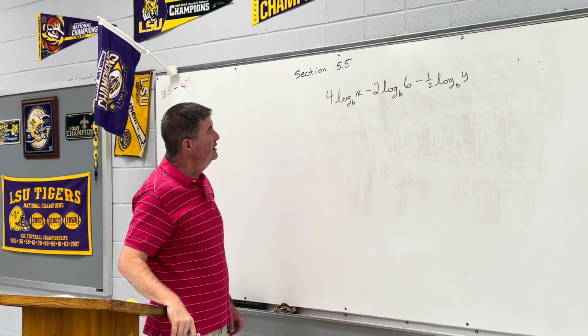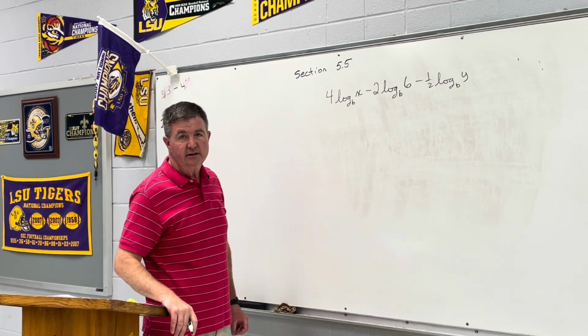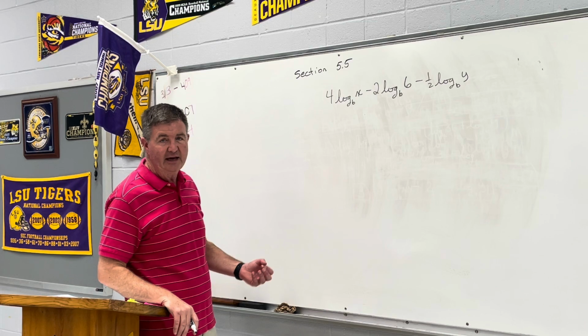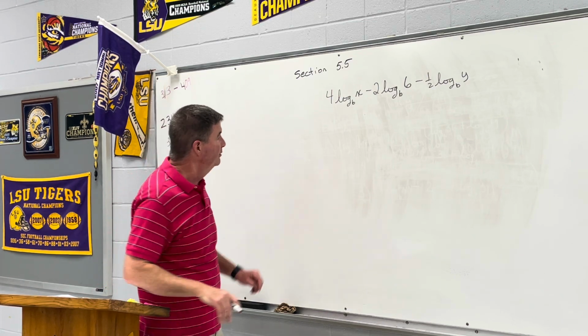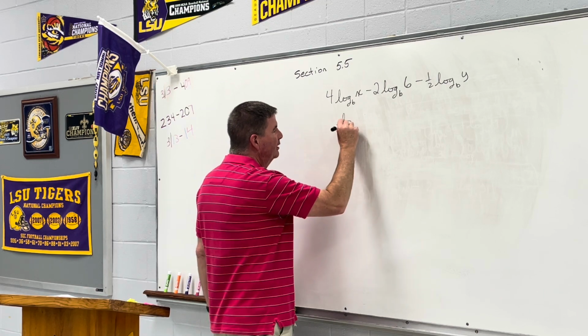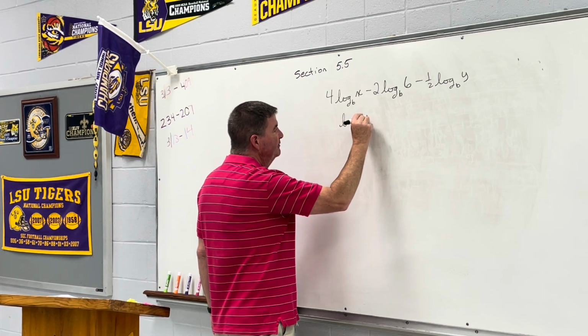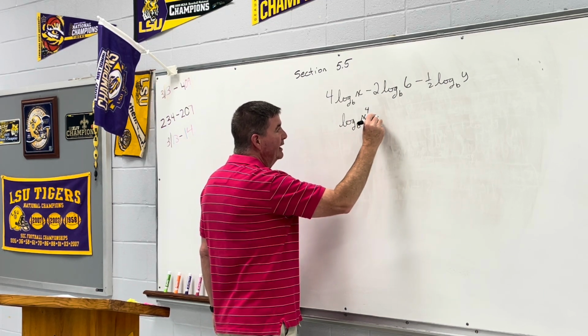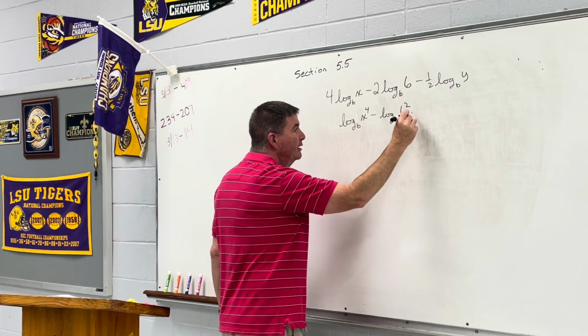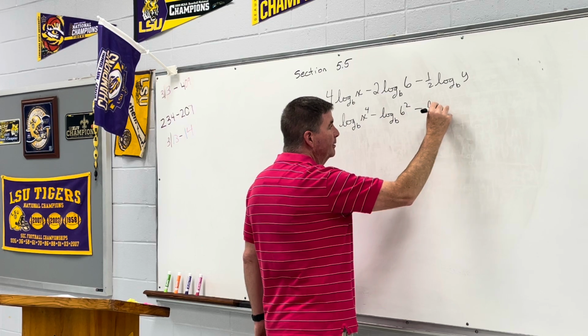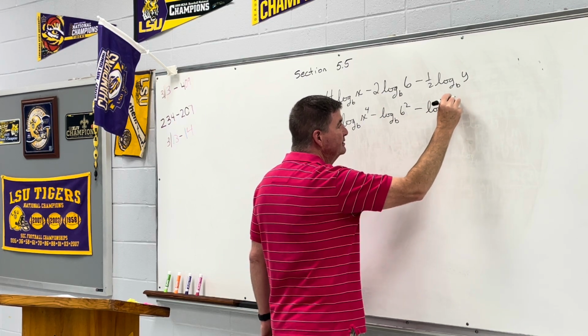Okay, with this one here, I'm going to do the power rules first, because that's the last thing we do when we expand them, but the first thing we do when we put them together. This would be log base b of x to the 4th minus log base b of 6 squared minus log base b of y to the 1/2.